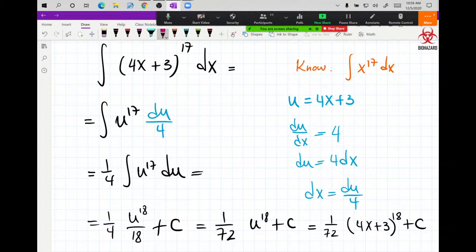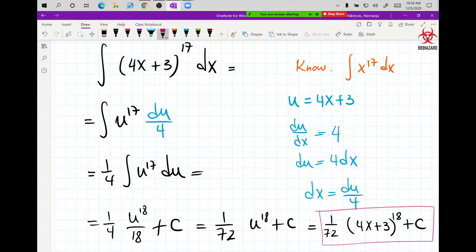So now we have the solution. So when you are looking at this problem, we replaced this mess 4x plus 3 with one variable and then went through the procedure to deal with this.